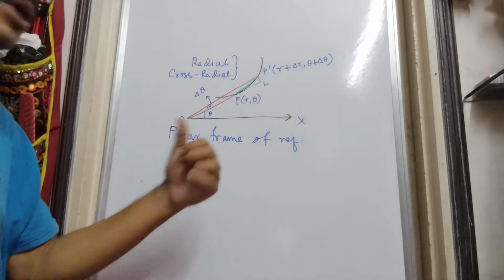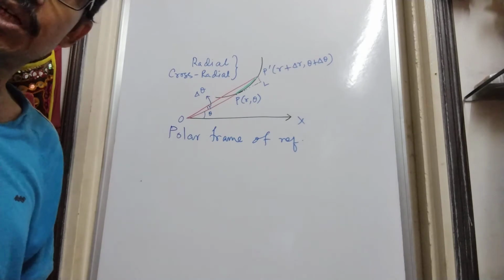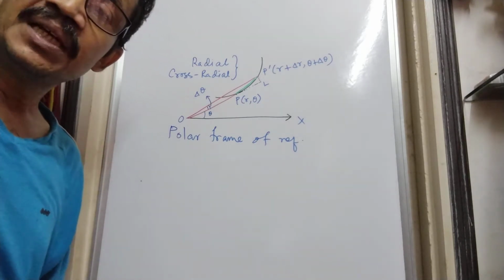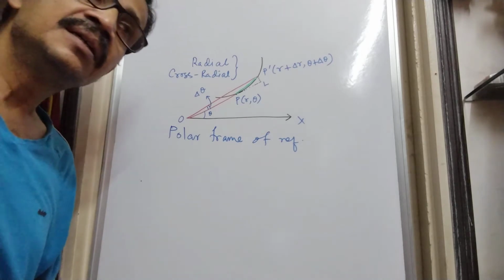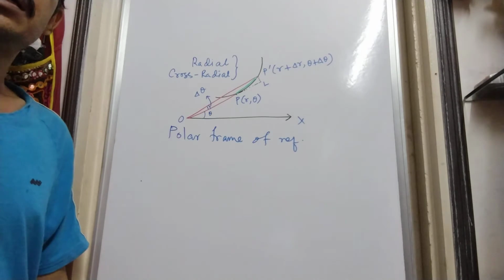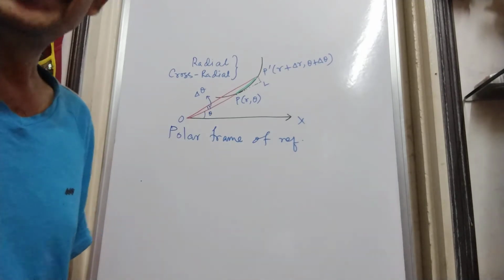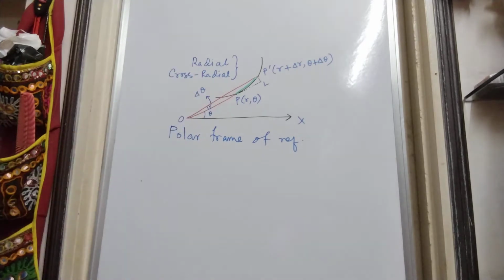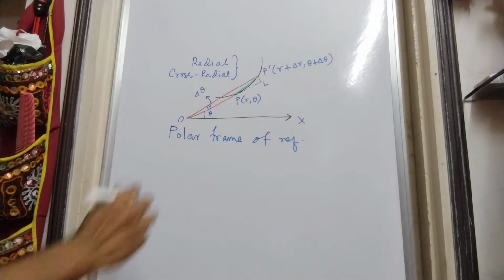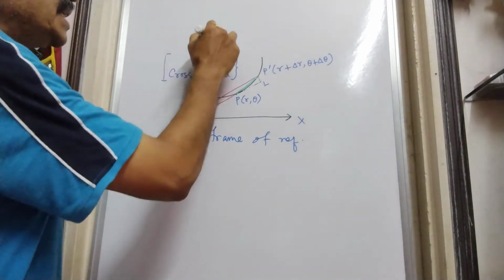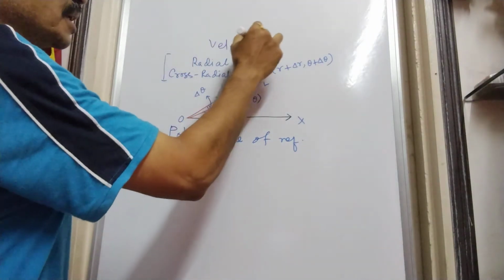This type of polar coordinates is used to understand and evaluate different concepts in astronomy. Actually, Kepler's laws of planetary orbit are basically dependent on this polar frame of reference framework and the radial and cross radial components of velocity and acceleration.